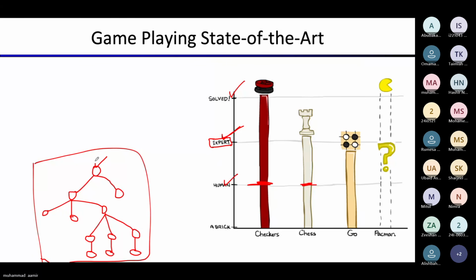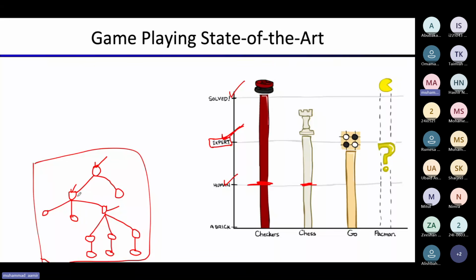Human can foresee a couple of next moves from this state. Human can see, okay, if I take this move, next could be this best possible move, and next could be this best possible move. In the same way, an expert computer algorithm can see even more moves than a human.